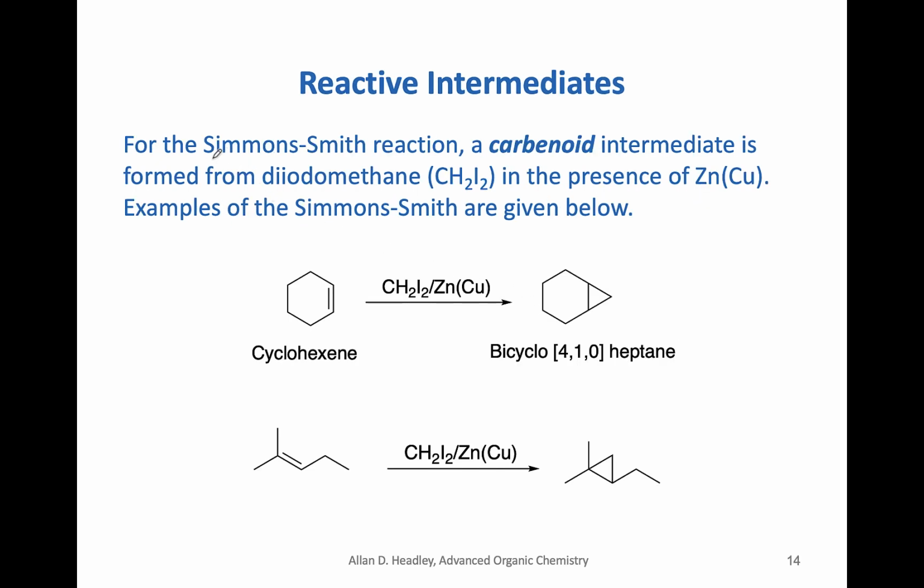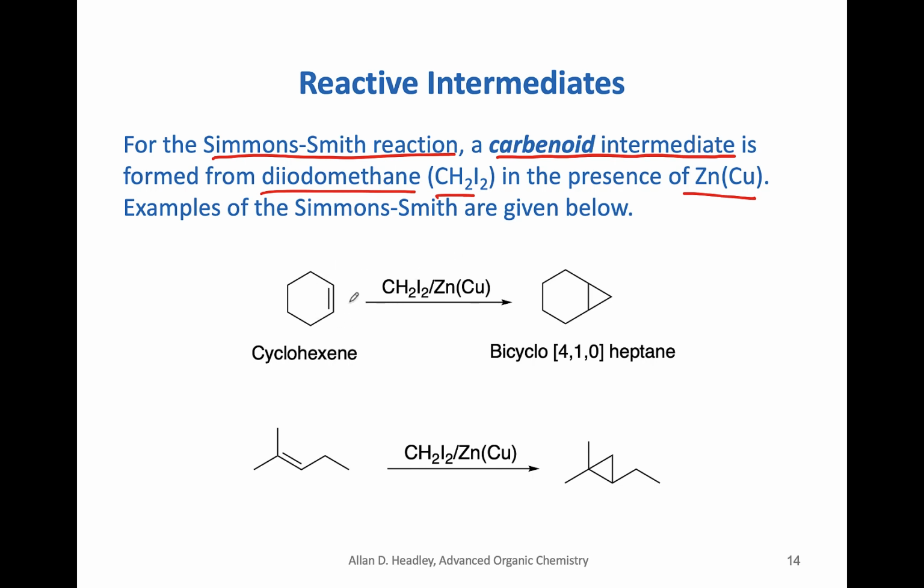So here's an example. This is the Simmons-Smith reaction, where we have a carbene as the intermediate. It's actually described as a carbenoid intermediate because the actual physical carbene isn't formed, but it's pretty close to the carbene, and it's formed from diiodomethane reacting in the presence of zinc-copper to give that carbenoid or carbene-type intermediate.